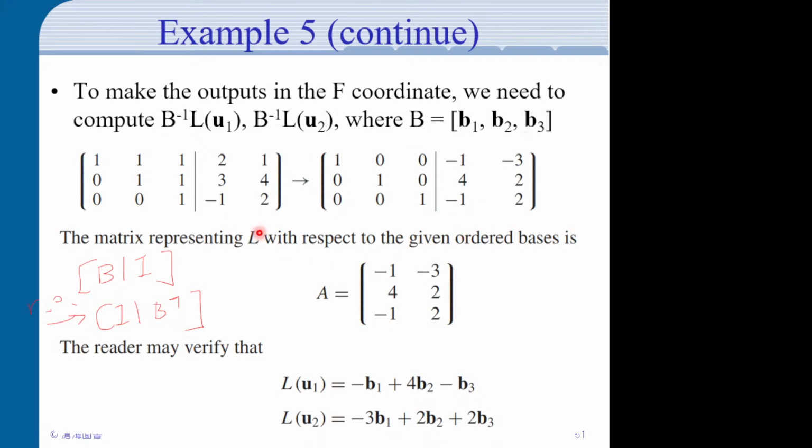So skip the middle calculation. But obviously you can also find B minus 1 and do matrix multiplication. You just need to do one more matrix multiplication. Okay?